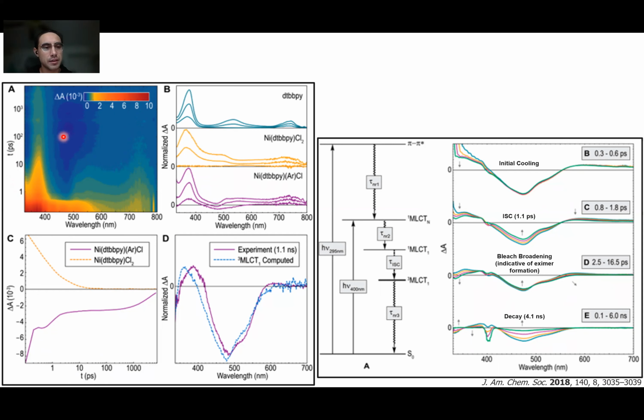So this was at a pump pulse of around 295, I believe, which would correspond to the pi star transition of the ligand, dibutylbipyridine. And then here they actually have some transient absorption spectra where they've done just the ligand, and then they have the dichloro complex, and then they have the oxidative addition complex here with the aryl group.